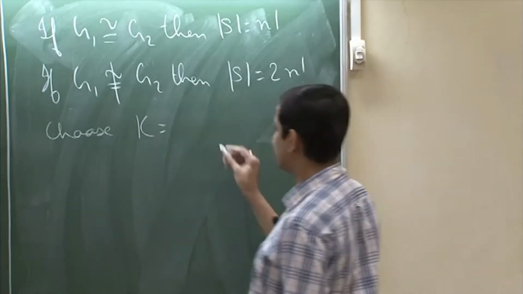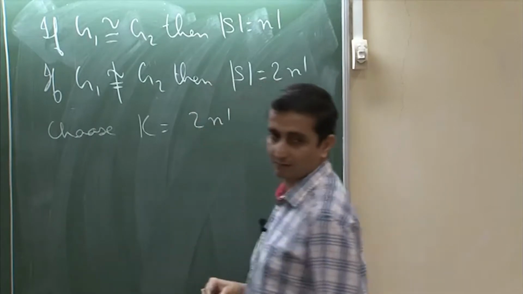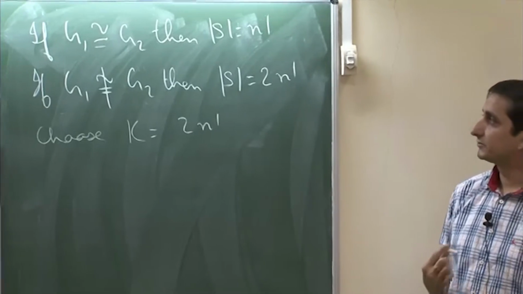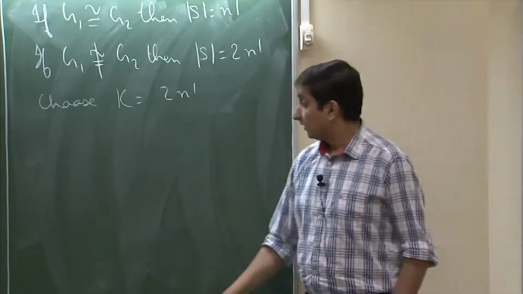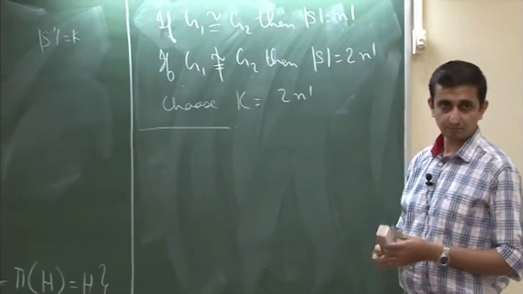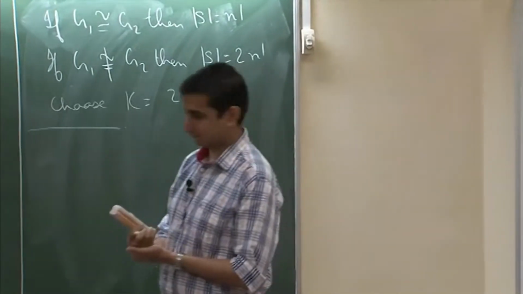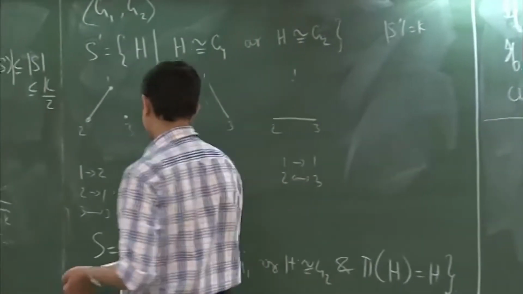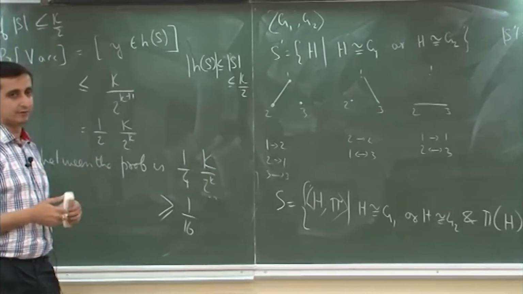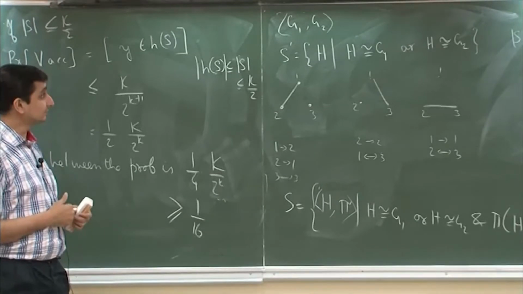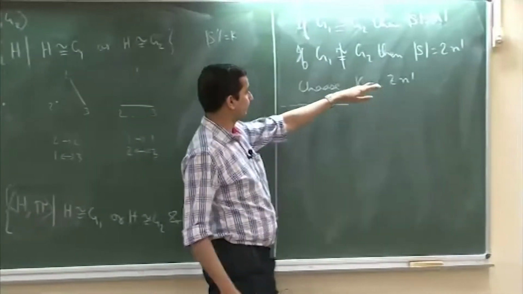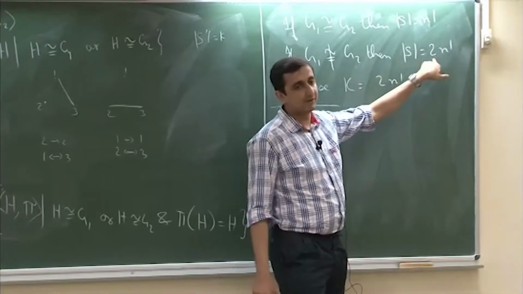So we will just pick this as 2n factorial, because greater than or equal to means that it at least should be equal. We will fix this as our set and pick K to be 2n factorial. We cannot do with the earlier set, because the difference is not known to have a multiplicative difference of factor 2 there.